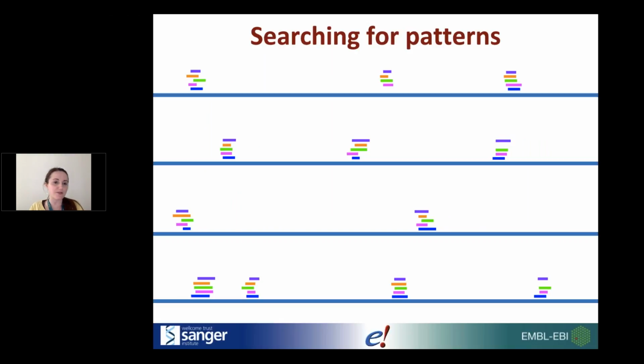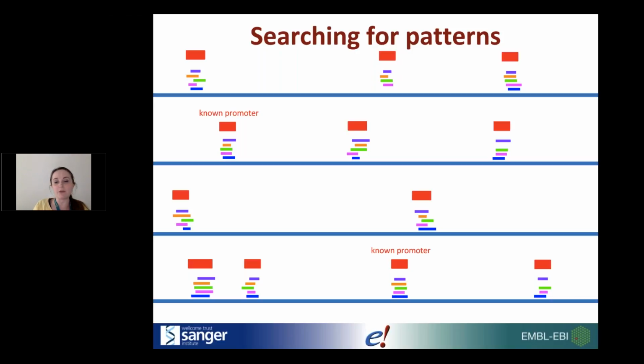It finds numbers of different regions all over the genome, all of which have this similar collection of peaks of histone modifications and transcription factors combined together. And it's able to say, well, we've already got data that suggests that some of these are known promoters. Based on the idea that some of them are known promoters, if we see the same pattern elsewhere in the genome, it can then make the prediction that all of those other regions are probably also promoters as well.